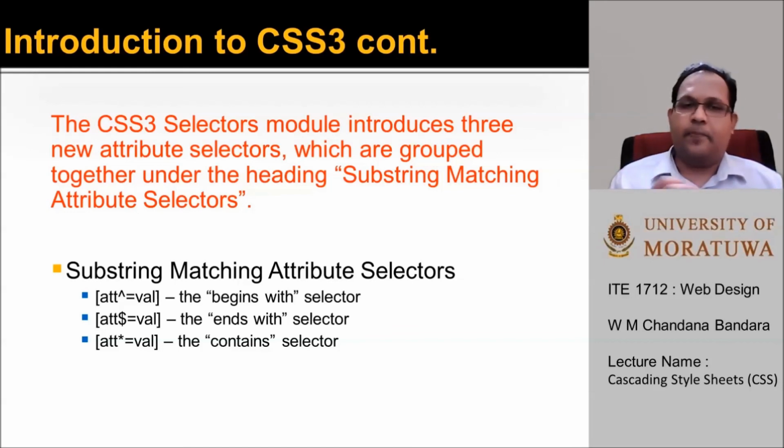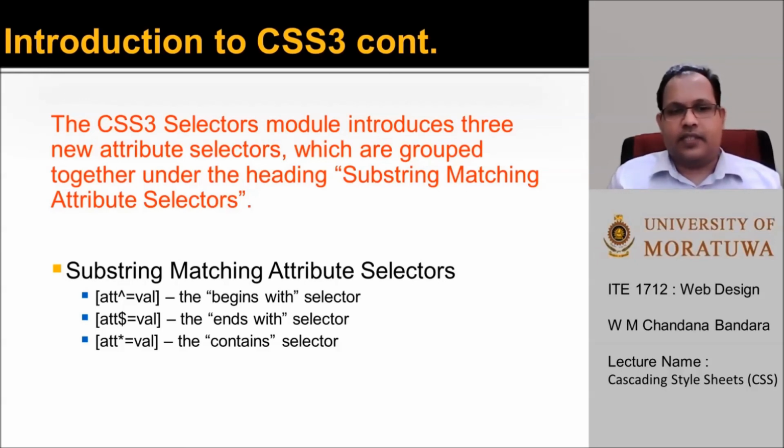For example, let's say we have an element with the ID of main header, right? Then we have another element with main paragraph. We can select both of these elements by searching the ID attribute starting with main. That is how we do it in here.